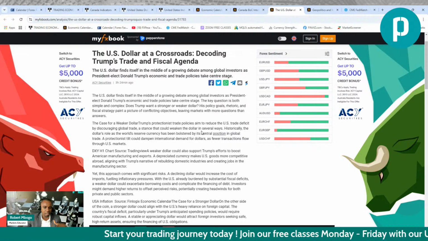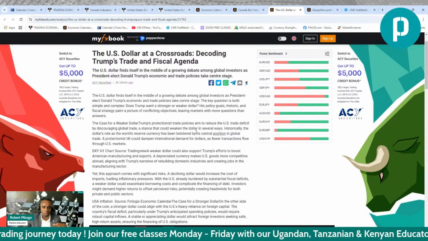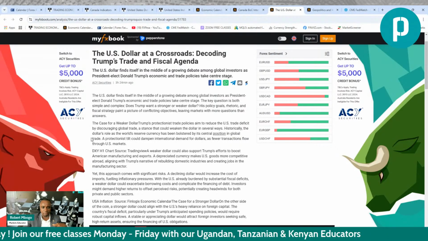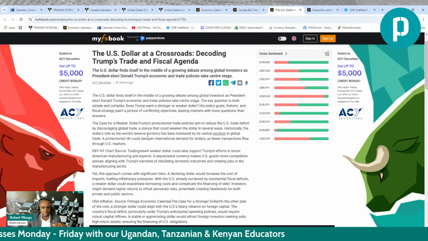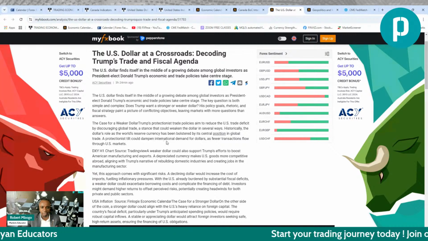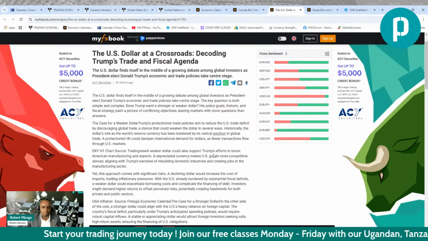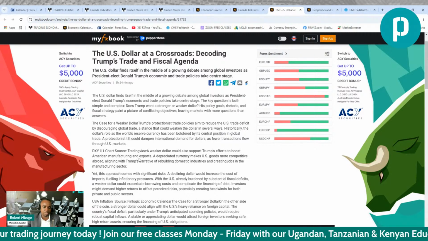So, the America First thing where Trump will be looking at working on the US economy, right? Manufacturing sector. Historically, the dollar's role as the world's reserve currency has been bolstered by its central position in global trade. A protectionist tilt could dampen international demand for dollars as fewer transactions flow through the US market, right? So a weaker dollar could also support Trump's effort to boost American manufacturing and exports.